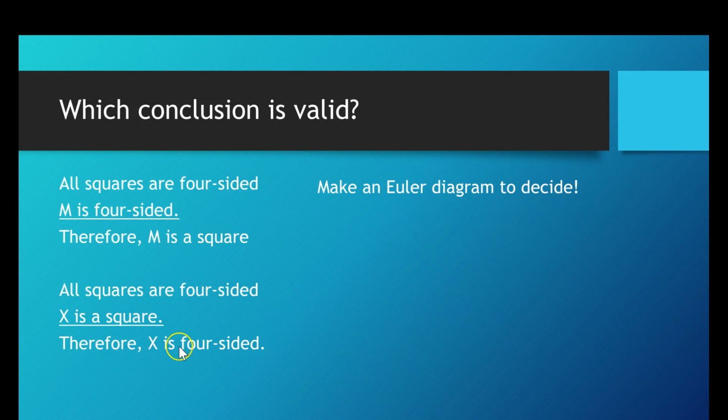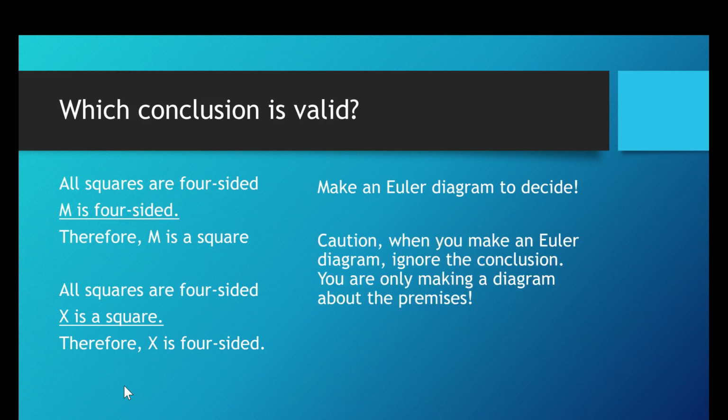So see if you can figure out how to draw all squares are four-sided, and then figure out where M would go. What I want you to be careful of is when you're making an Euler diagram, you're going to ignore the conclusion. You're only making a diagram about the premises. So just a diagram using this information here. Pause the video and see if you can do it.